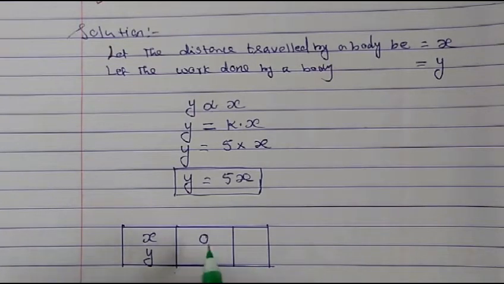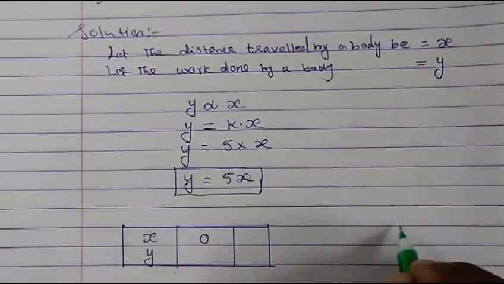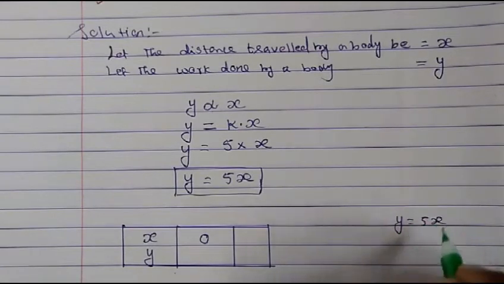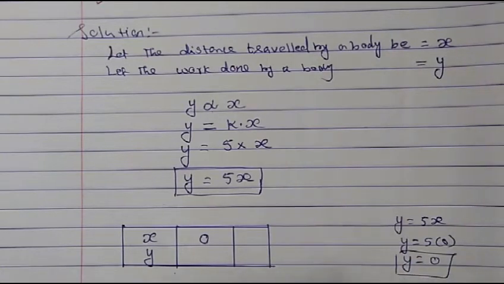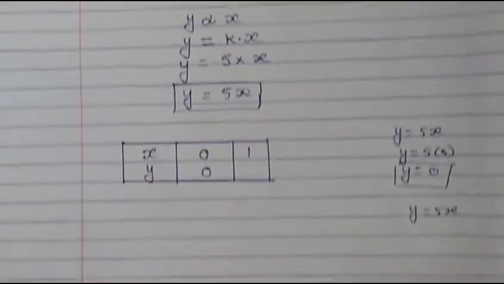So if I take x as 0, put in this equation y equal to 5x. In the place of x I have taken 0, so that means y I will get 0. Now x I'll take as 1. Put in this equation y equal to 5x.